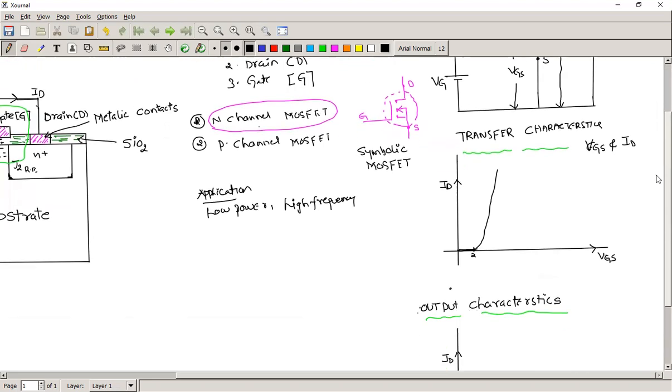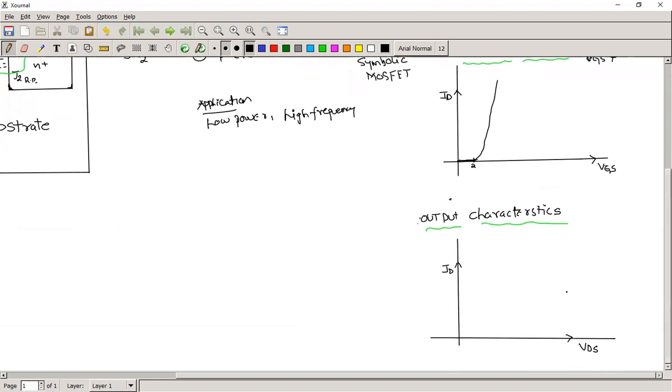So if you take all these values and plot them in the graph, on the x-axis we have taken the drain to source voltage, and on the y-axis we have taken the drain current. Up to a certain value, the drain current will increase. After that, it will be saturated.